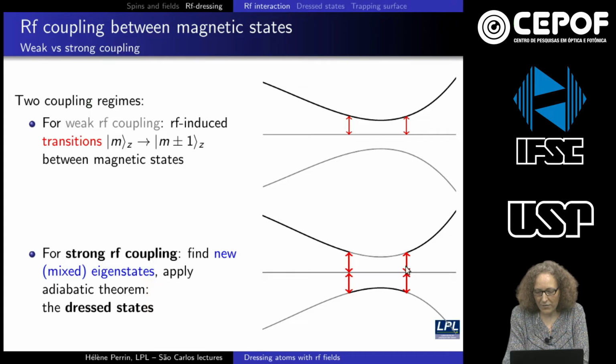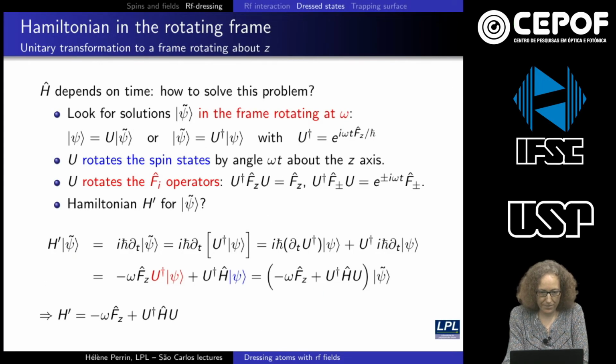So it means that we have to consider new potentials that are a mixture between the potentials of my different Zeeman states. And these new states that mix the different magnetic states are called the dressed states. And this will be valid if the adiabatic theorem applies, so that is why we need the splitting to be large enough, and the coupling to be large enough.